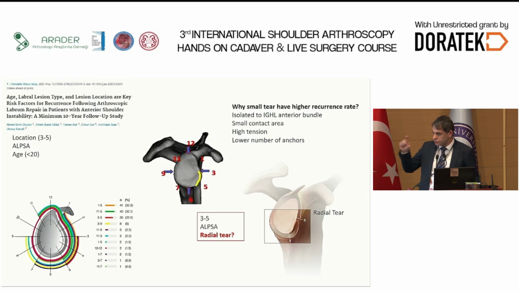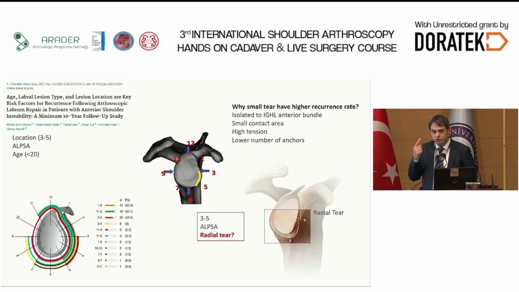It's a small contact area with a lot of tension on it. And you can put a lower number of anchors for this lesion because you don't have much space to put your anchors.